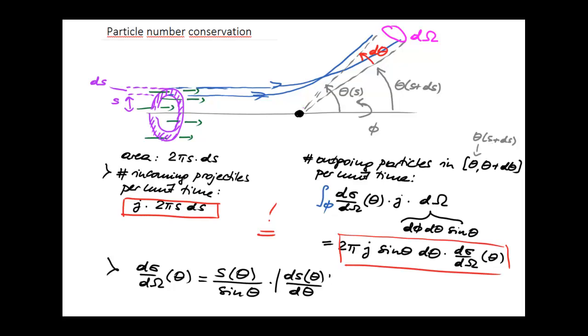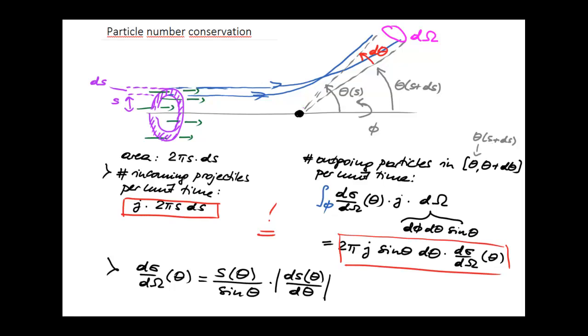And you take the absolute value of that, because S is a monotonically decreasing function of theta, so ds over d theta is negative, but the differential cross-section and all the other quantities appearing in this equation are positive quantities, so you have to take the absolute value.